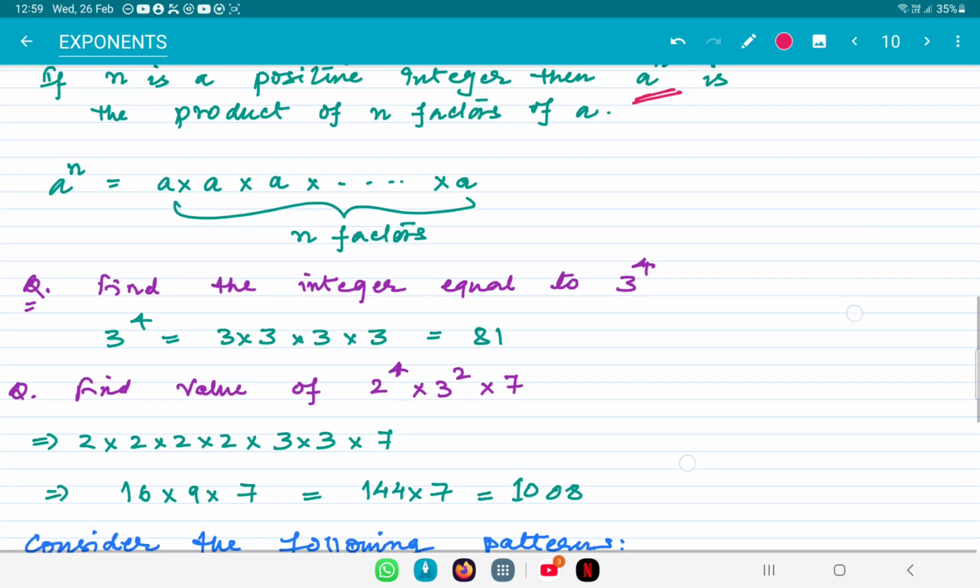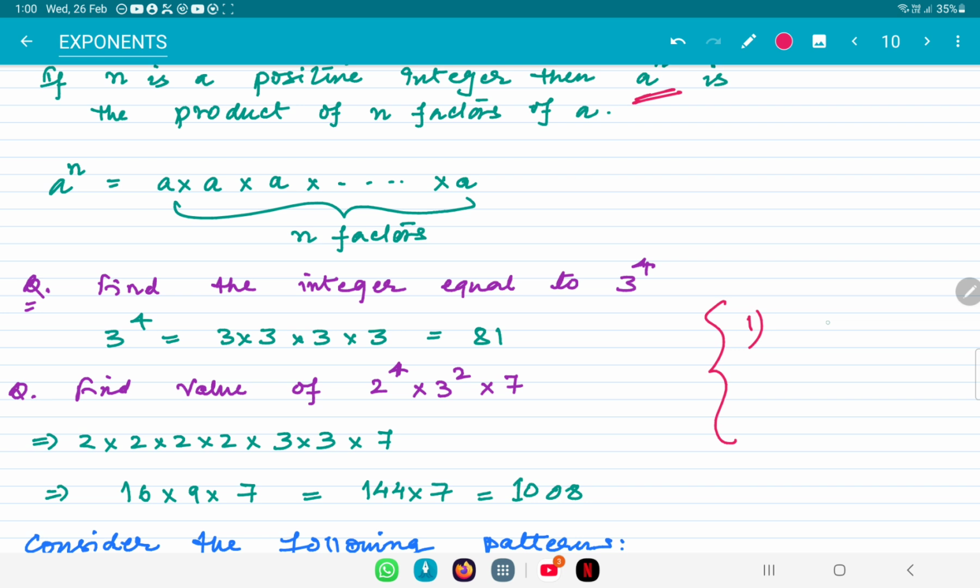Now see here, next, find the integer equal to 3 raised to the power 4. First I will explain that in exponents different types of questions can come. First, at the initial stage, they can ask you a raised to the power n, where a and n can come in the form of digits, and write its base and power.